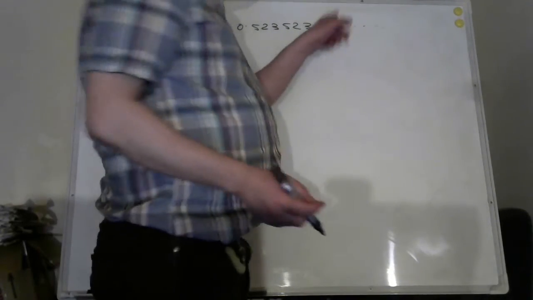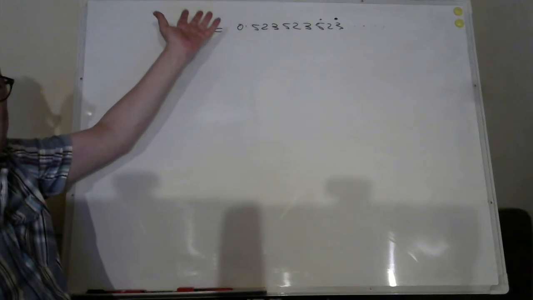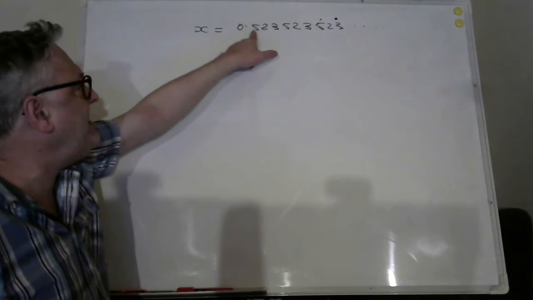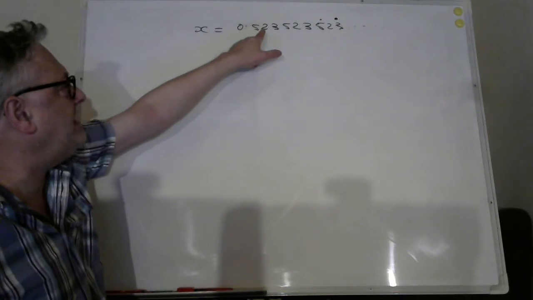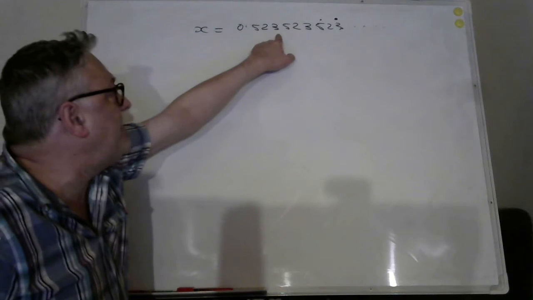Right, okay, but you don't with the 2. No, okay. So how are we going to do this? Do we multiply by 10 or 100 or 1,000? You've got to look at this and see how many decimals it takes before you get a repetition of this number.